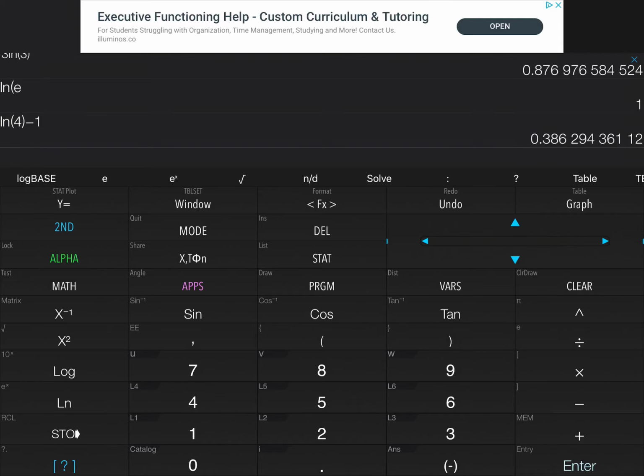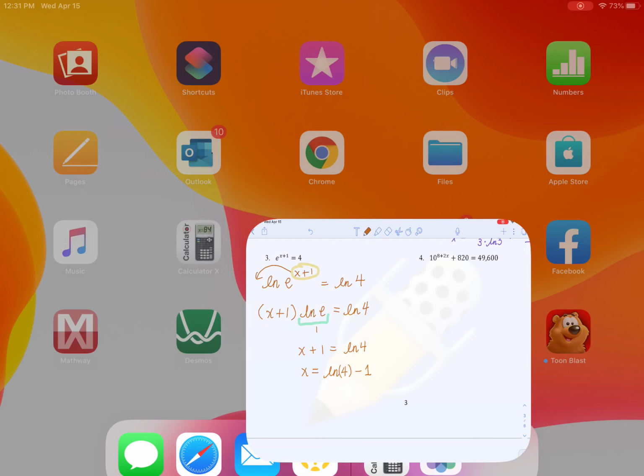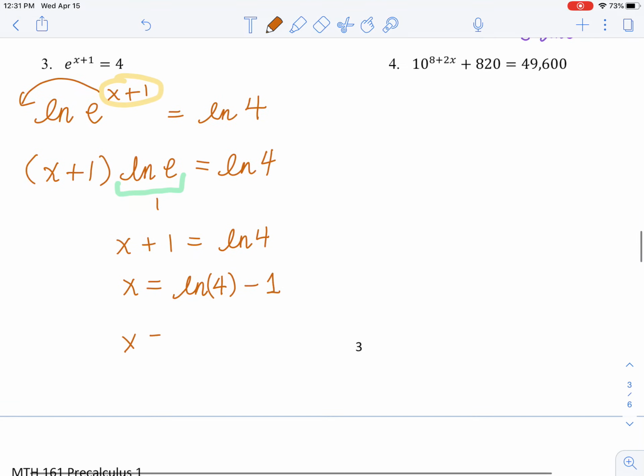All right, let's type in natural log of 4 minus 1. What's that going to be? That's 0.3863, rounded to 4 decimal places.